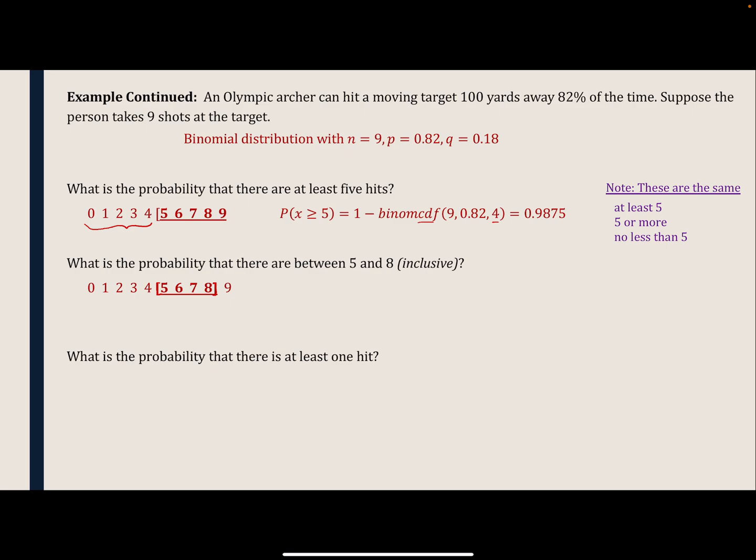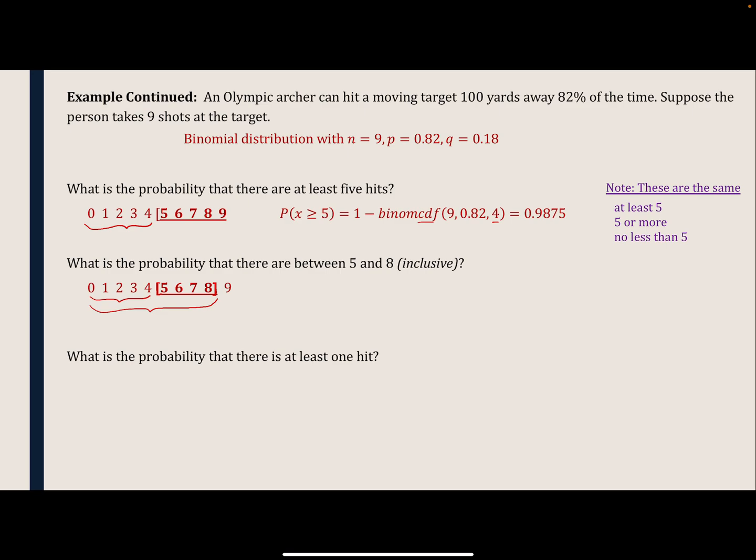So if we take this CDF command using all the way to 8, find that value and then subtract off the 0, 1, 2, 3, and 4, we'll be left with the 5, 6, 7, and 8.